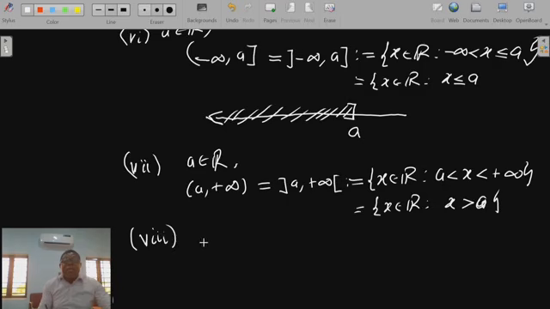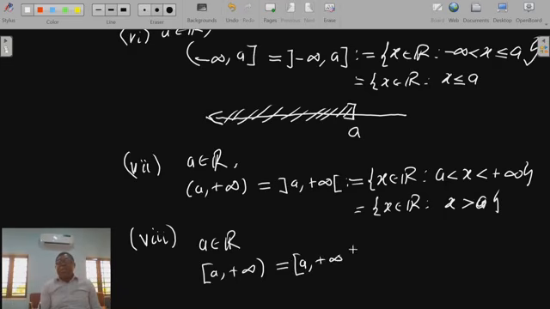And in VIII, we take A in R, and we look at the set A plus infinity. This is also denoted using this symbol, and it is equal to all x in R so that A is less or equal to x and x is less than plus infinity.